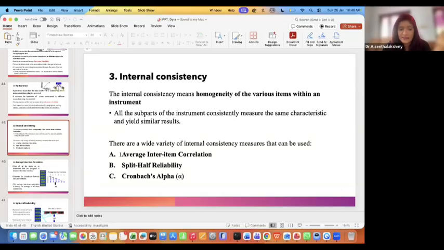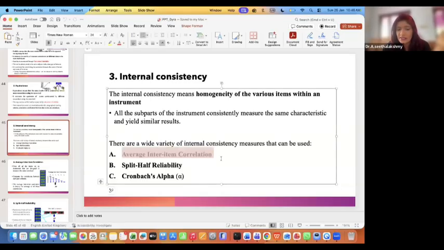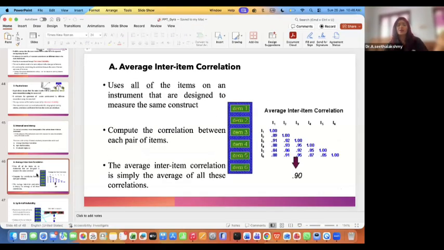First is average inter-item correlation. You have 50 items in your scale, and you use all of them. We correlate the first item with the second item, the first with the third, the first with the fourth, like that. All 50 we correlate to see whether they are measuring the same thing.